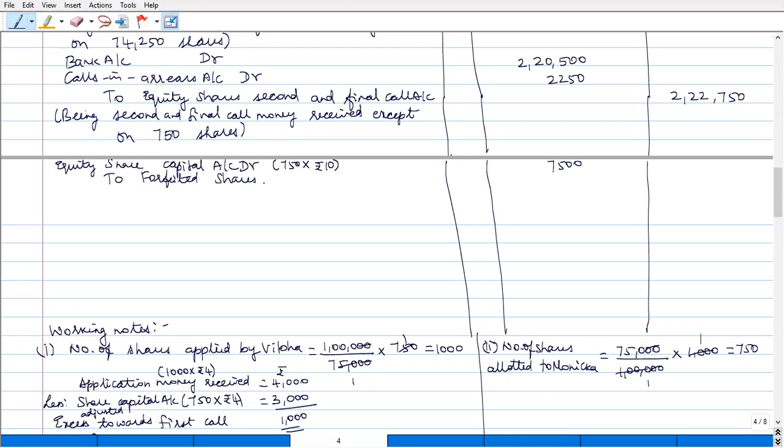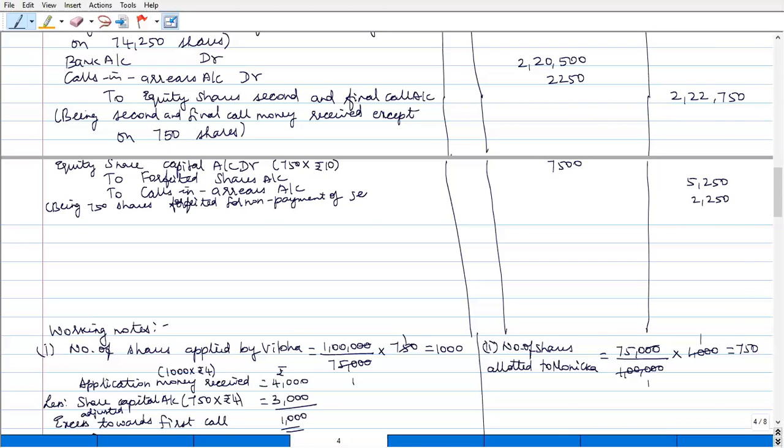So she has paid 5,250 because till first call she has paid. Now how much is the pending amount or calls in arrears which we actually have debited in the previous entry? It is 2,250, right? Being 750 shares forfeited for non-payment of second and final call.